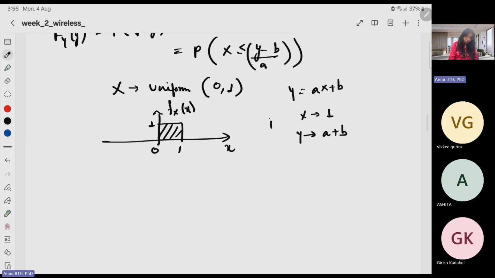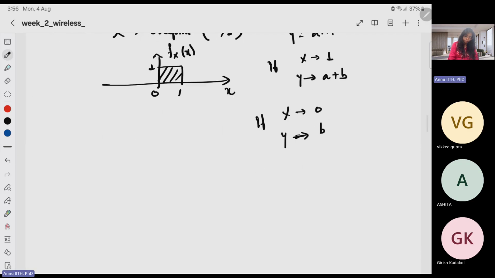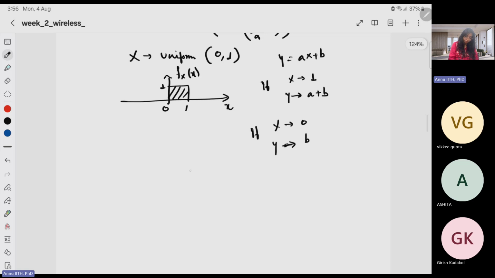If x is 0, y is b. So y will range from b to a plus b. This is y, f of y of y.